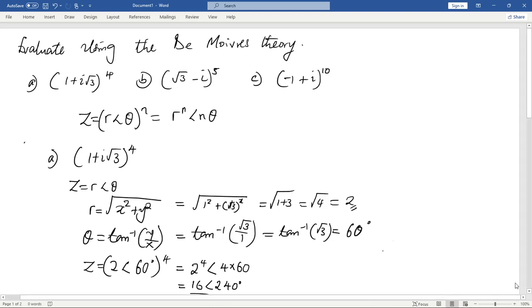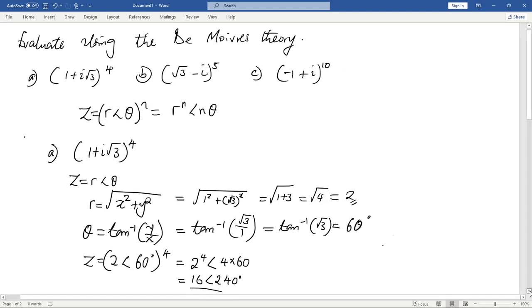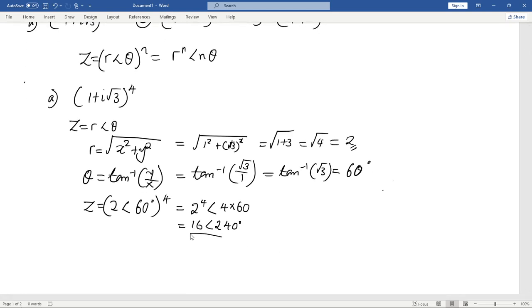Okay, so now if we want to write that in rectangular form, if we want to write this answer in the form of z equal to x plus yi, we know that x is simply equal to r cos theta and y is equal to r sin theta. So the value for r here is 16.